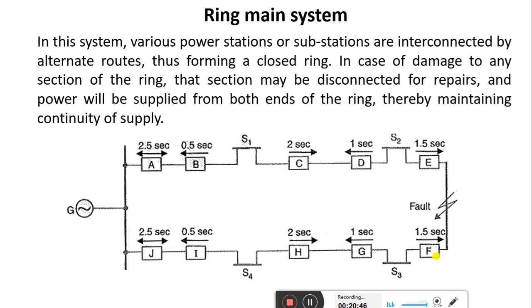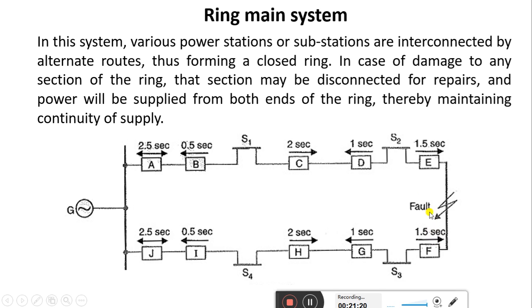So what will happen is that if the fault is between relays E and F, first of all both relays E and F will trip, and all the rest of the relays will remain intact, because the direction of power at relay A is as indicated, and for F also the direction of power is as indicated.